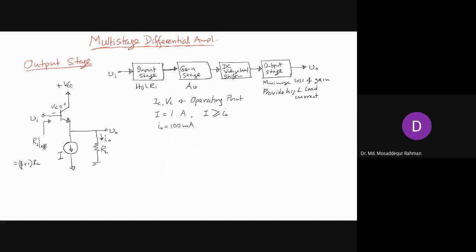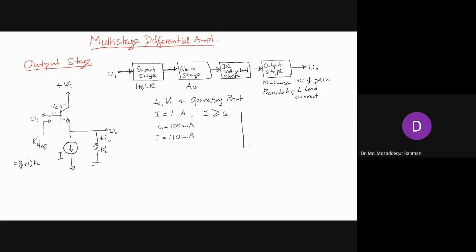But that will also increase the power loss because you are taking too high a value of current, and then power loss goes up. So that is not an optimum value. The optimum value should be somewhere close to this. If it is 100 milliampere, probably you can take, let's say, 110 milliampere, slightly larger than this.